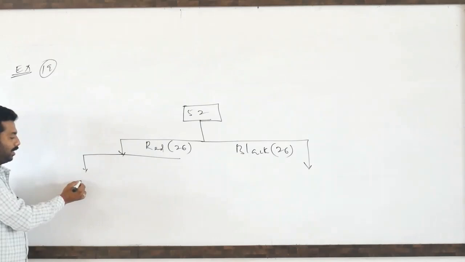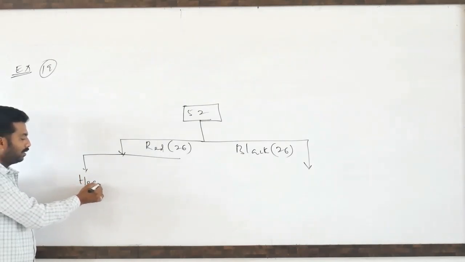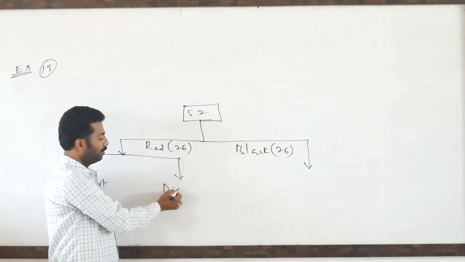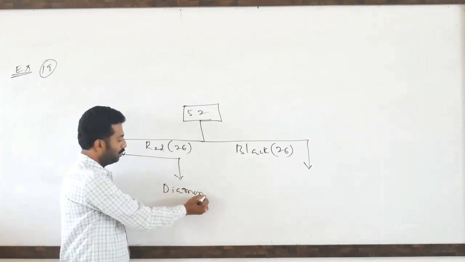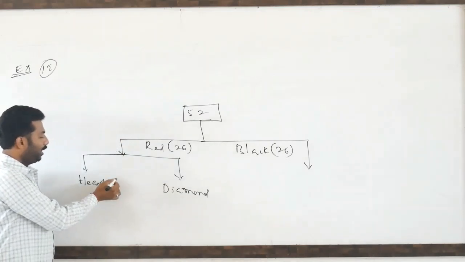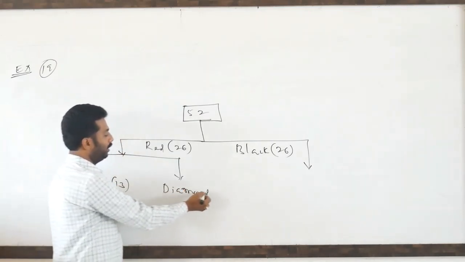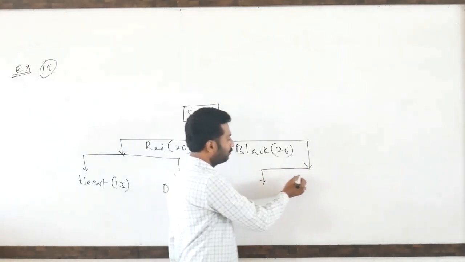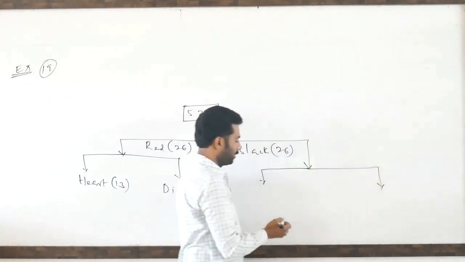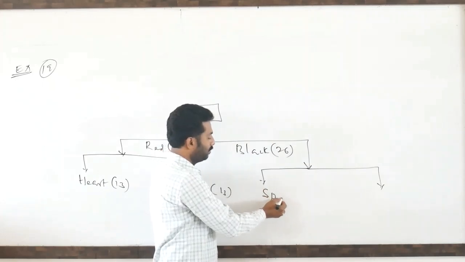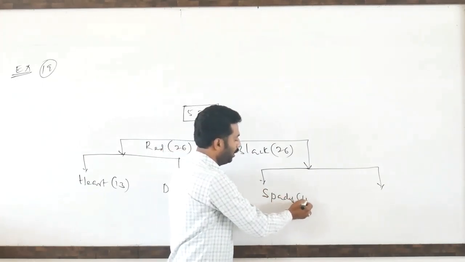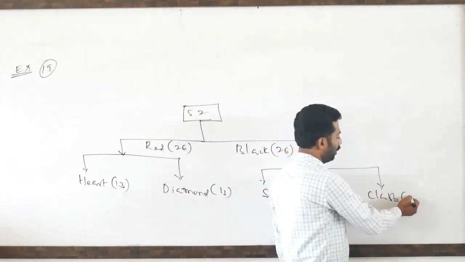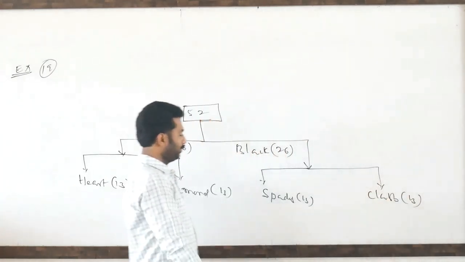One is heart, second one is diamond. Here heart cards are 13, diamonds also 13. Then black cards: spades, here 13 spades, and clubs, here also 13 clubs are there.